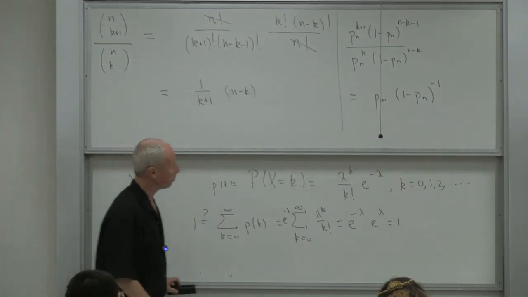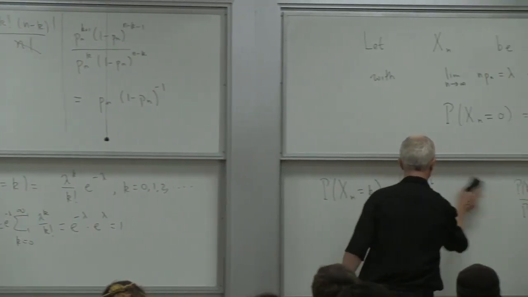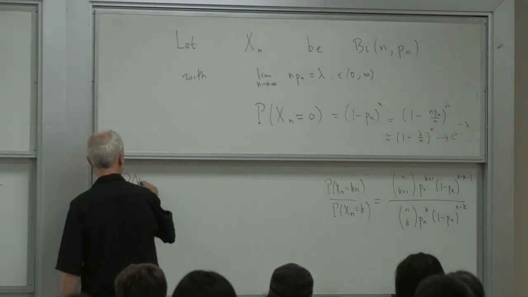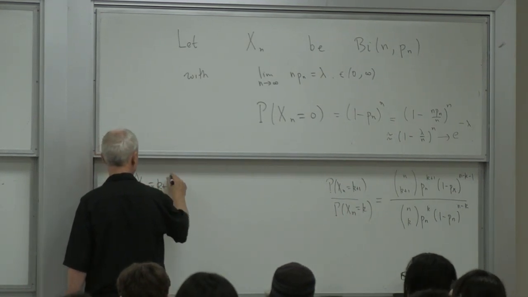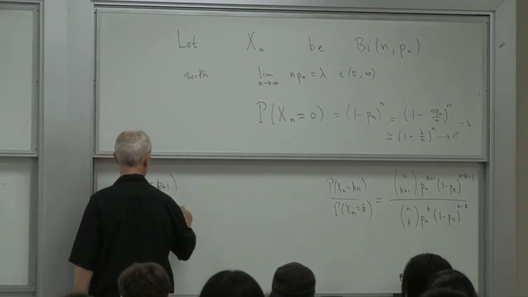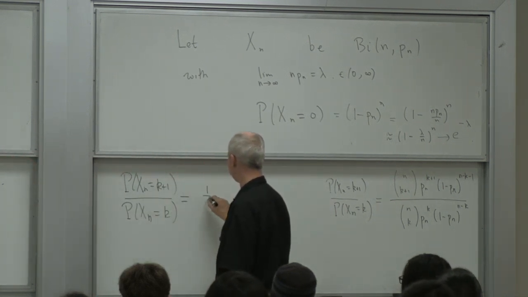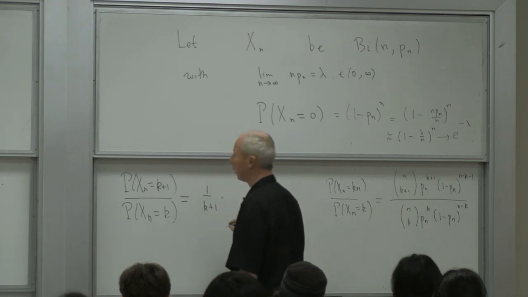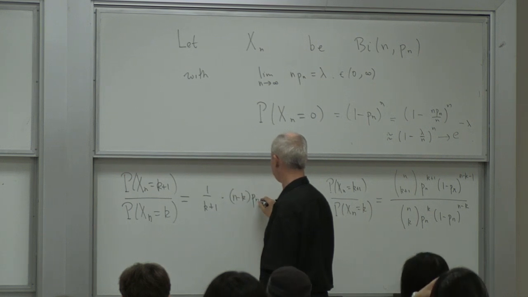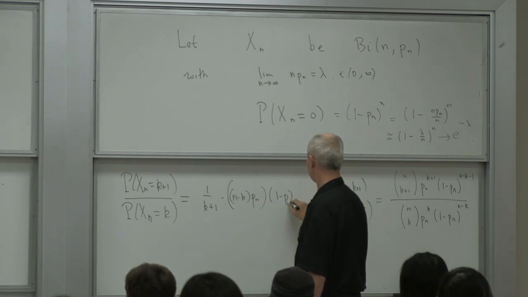Putting the two together, I just multiply those two. I get a 1 over k plus 1. I get an n minus k times pn. And then I get a 1 minus pn to the minus 1.